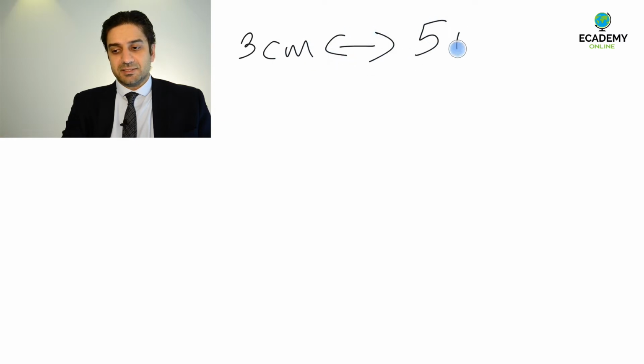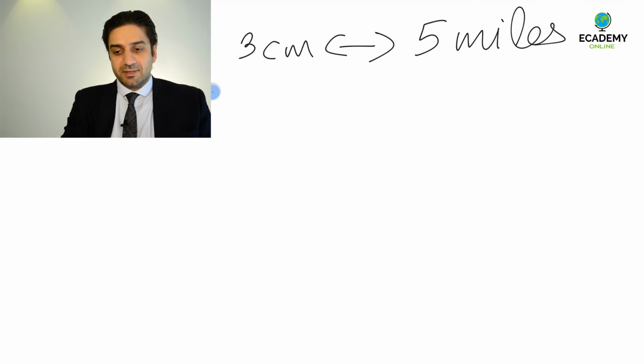One example, let's say I want to create a map. There's usually a legend at the side of the map that tells me, for example, every 5 miles is 3 centimeters. Every 3 centimeters on the map is the same as 5 miles.